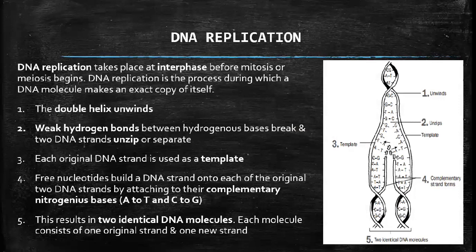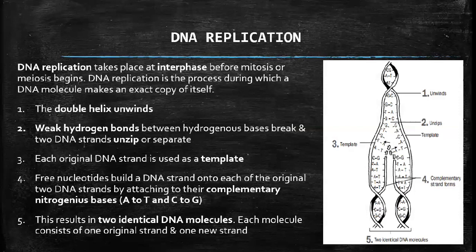whereby new complementary nitrogenous bases are going to bond to the other nitrogenous bases according to the complementary rule, that adenine bonds with thymine, cytosine with guanine, just like that.